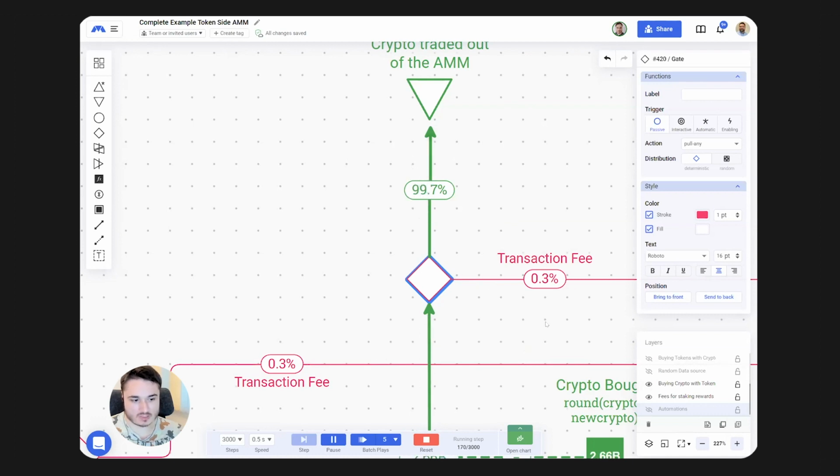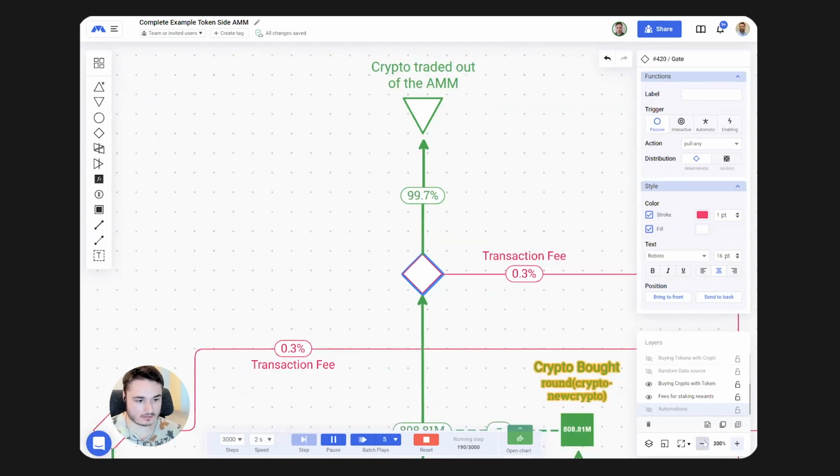If we had 1 billion resources coming in, let's say, there will be no problem because the two outputs would be able to split the resources according to that. If we had, say, 100 resources come in here, then one output would need to split 99.7 resources and the other one 0.3. And that's not possible because resources are integers in Machinations.